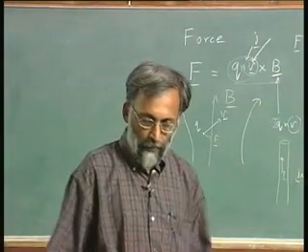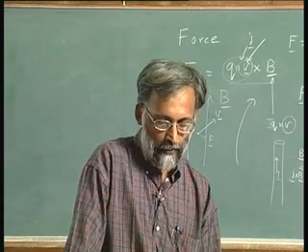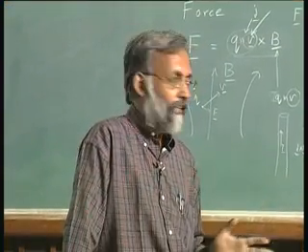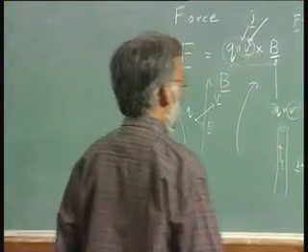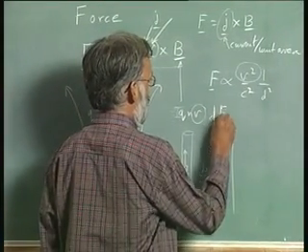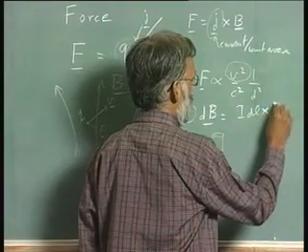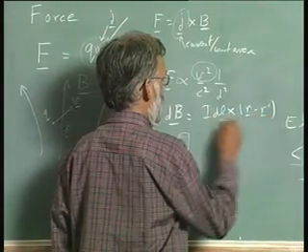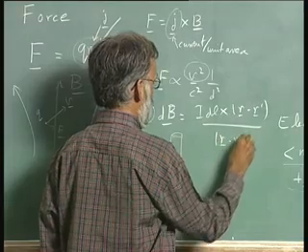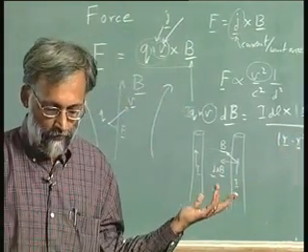The picture I have given here is not the picture that is there in your textbook. In your textbook, he goes immediately into the Biot-Savart law. So, he immediately says dB is equal to I dL cross (r minus r prime) over |r minus r prime| cubed, and works out the consequences of that.